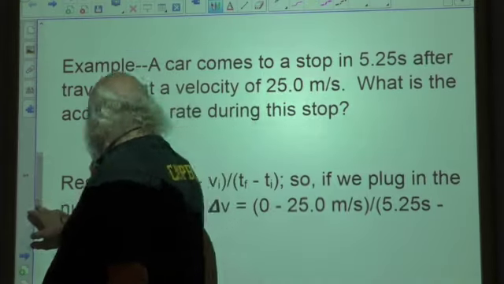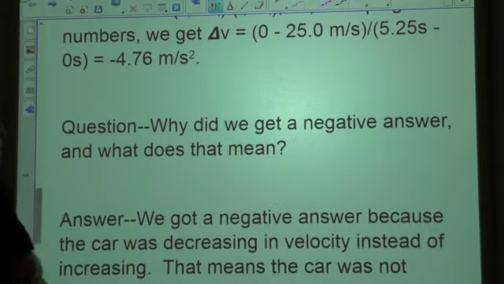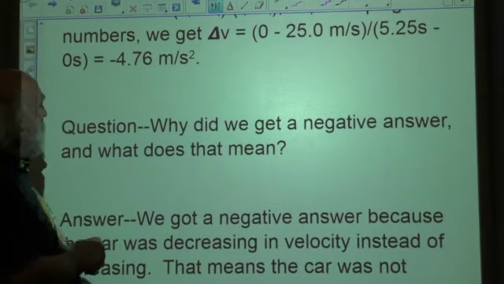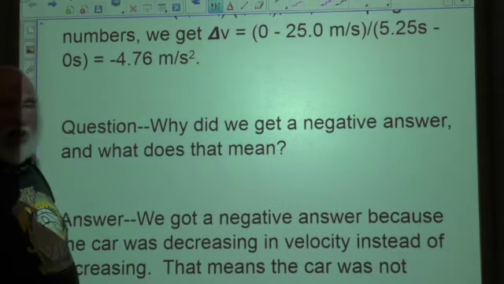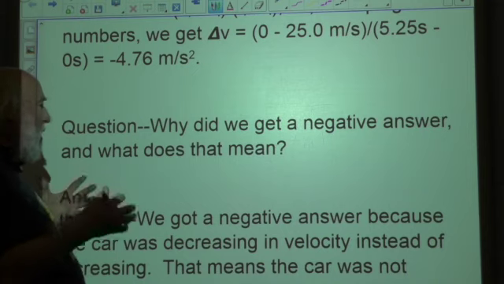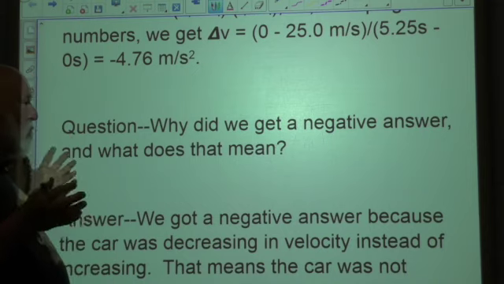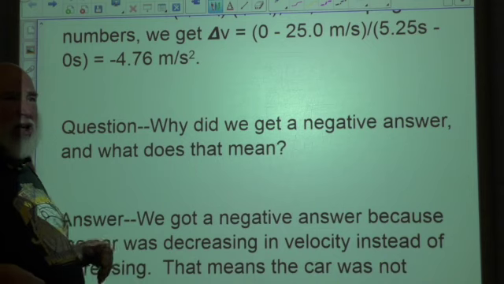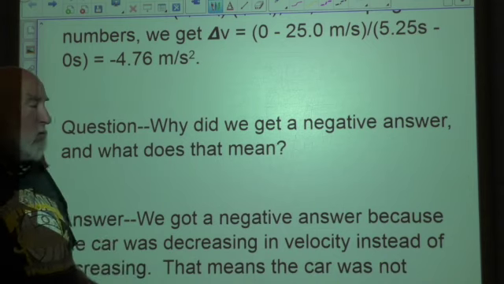So the question we have to look at is, what the heck does that negative sign mean? Why did we get it in the first place? Well, you know that you're not speeding up, you're slowing down.